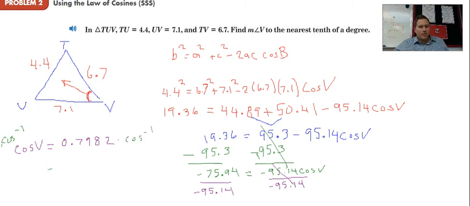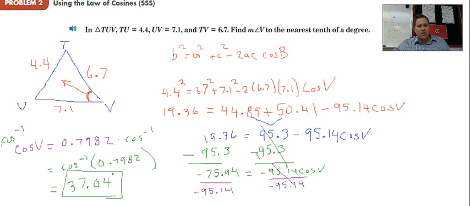The way I put it in my calculator is inverse cosine of 0.7982, and this gives me 37. My final answer is 37.04, and this is in degrees.